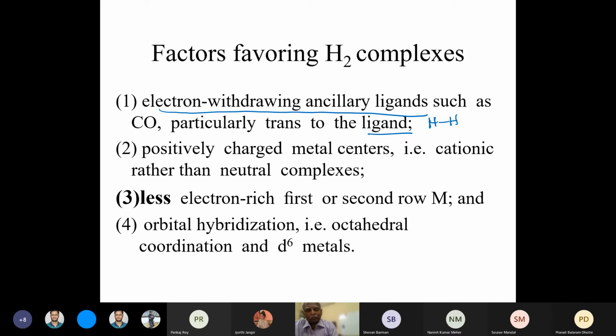So if I have a metal complex in which the ancillary ligand is an electron withdrawing ligand, like CO, then H2 complexes are favored. If I have a positively charged metal complex, then back donation is always poor.